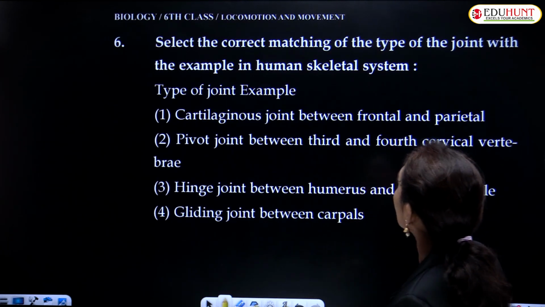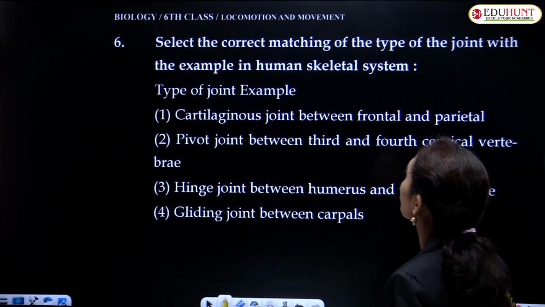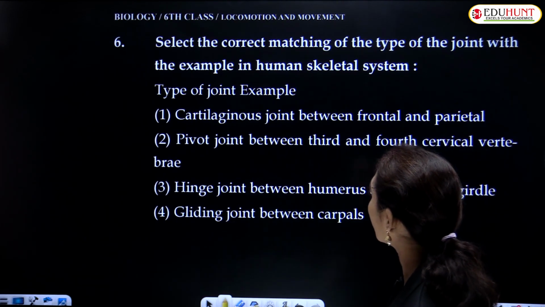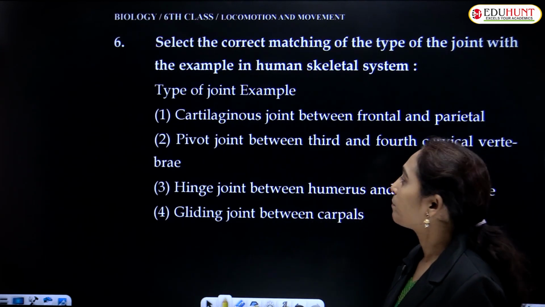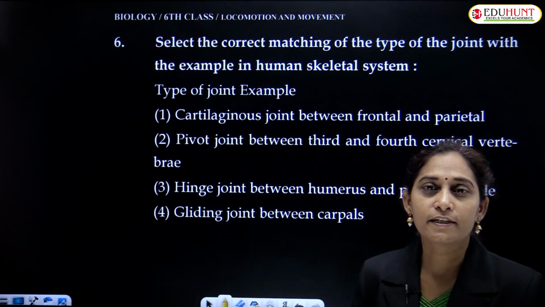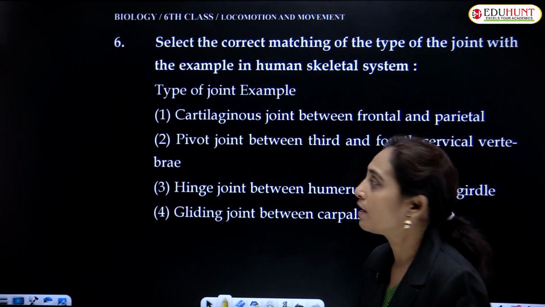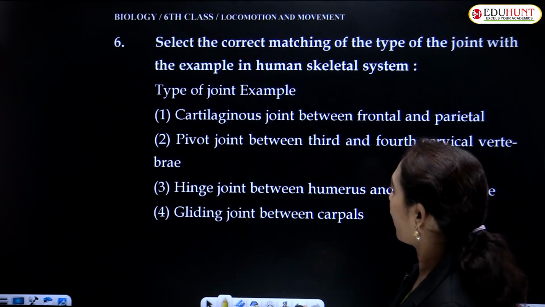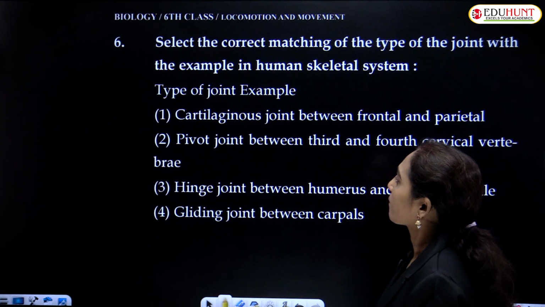Select the correct matching of the type of joint with the example in the human skeletal system. Type of joint and examples are given. Cartilaginous joint between frontal and parietal. Frontal and parietal are the bones present in the skull, and cartilaginous joints combine these bones.